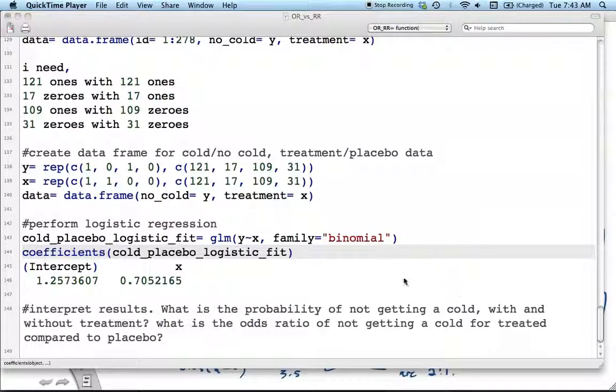So what is the probability of not getting a cold given that you got the treatment, and what is the probability of not getting a cold given that you were in the placebo group? And then we need to answer the question of what is the odds ratio of not getting a cold for treated compared to placebo group.